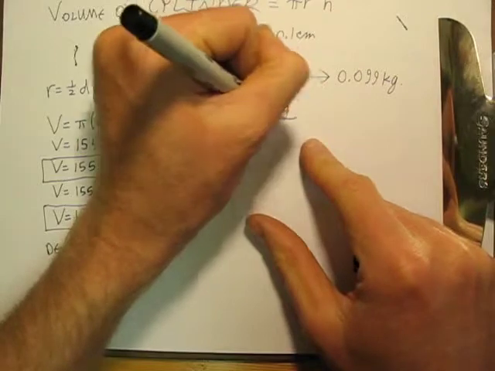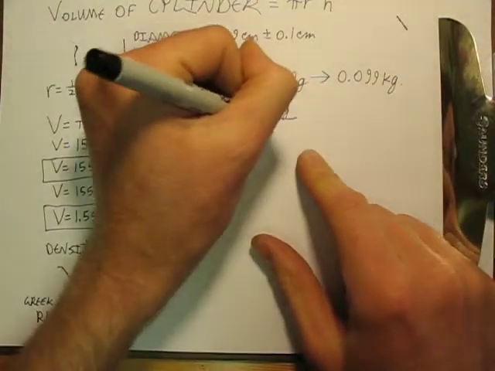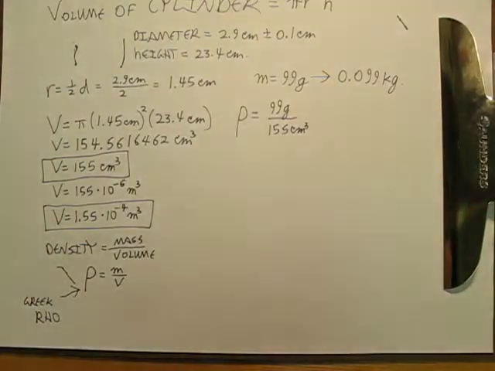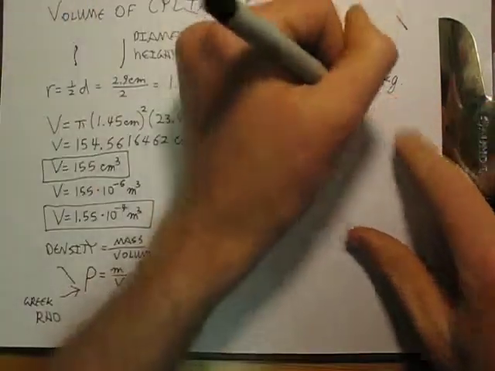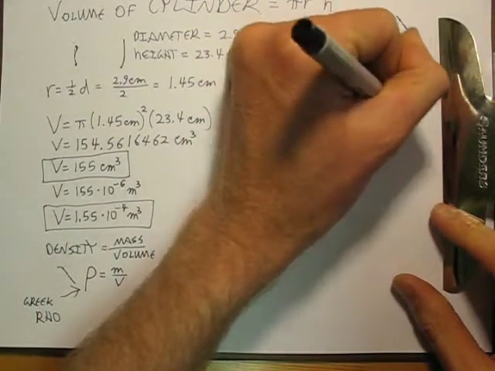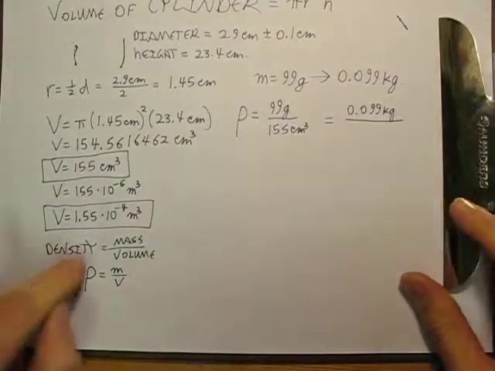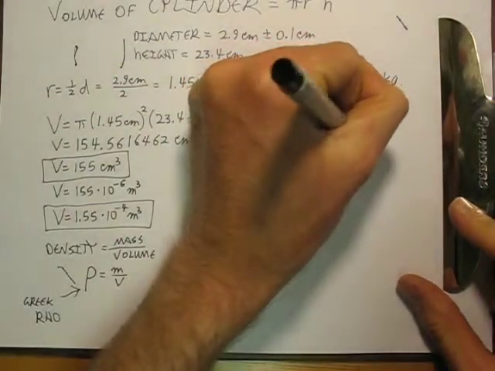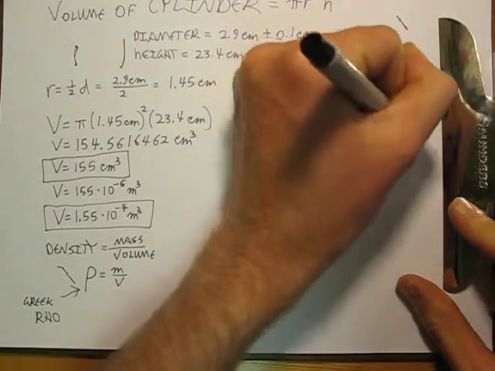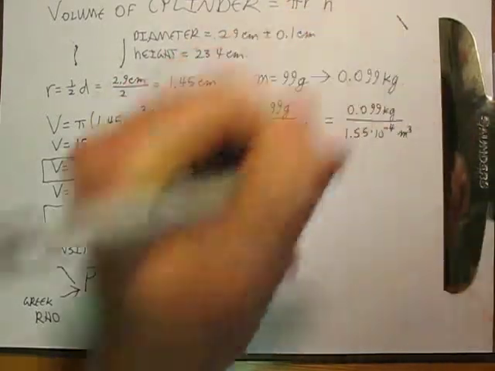So my density is either going to be 99 grams divided by 155 centimeters cubed, or it is going to be 0.099 kilograms divided by 1.55 times 10 to the negative 4th meters cubed.